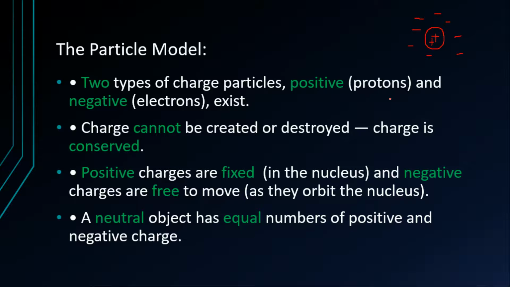A neutral object has an equal number of positive and negative charges, which makes sense, right? If you have 3 positive charges and 3 negative charges, 3 minus 3 is 0, okay?